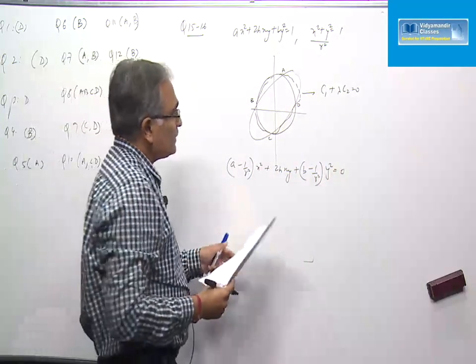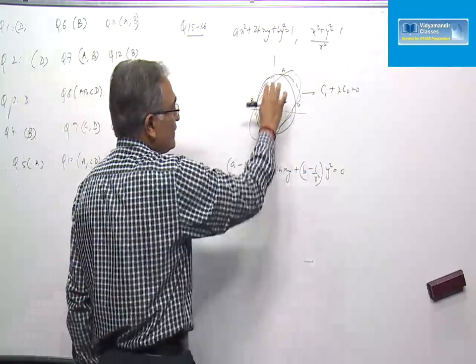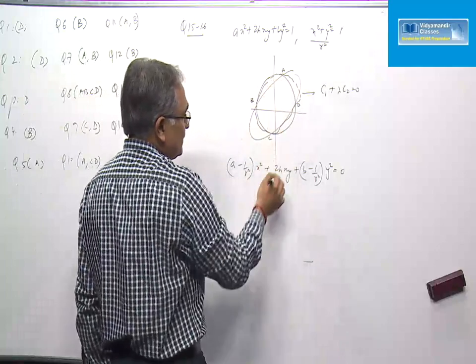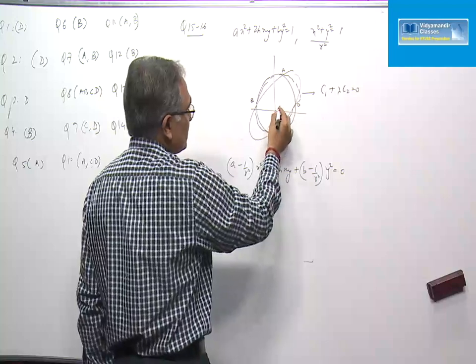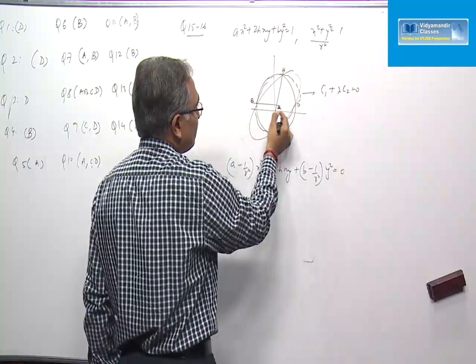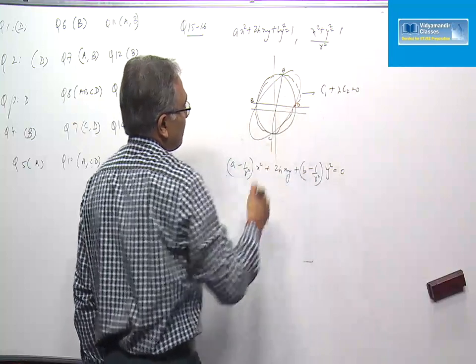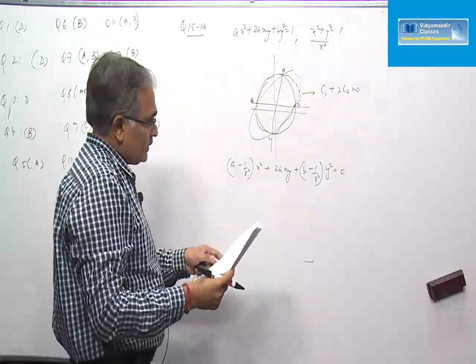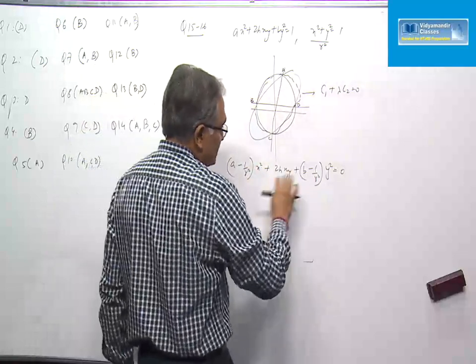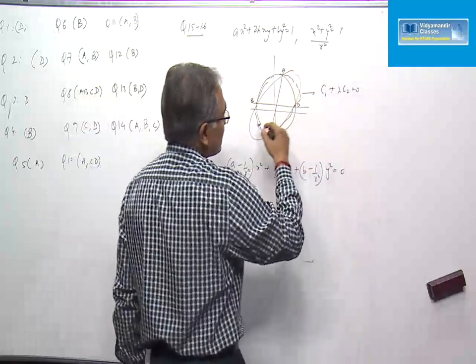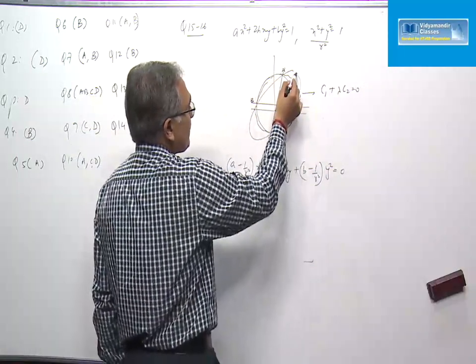This is also a conic passing through these 4 intersection points, but clearly it's a homogeneous equation, hence it must be a pair of straight lines through the origin. That is, could be AC and BD. Now this will represent two coincident lines provided this circle touches this ellipse.